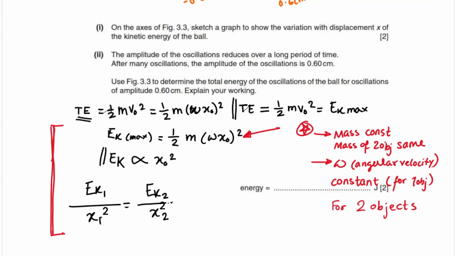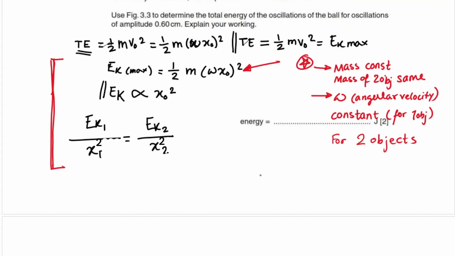So since the ball is the same, we know that mass is the same, and we know that the periodic motion is also the same because they didn't mention if it changed. Since they didn't mention if it changed, we can take it that it's the same.